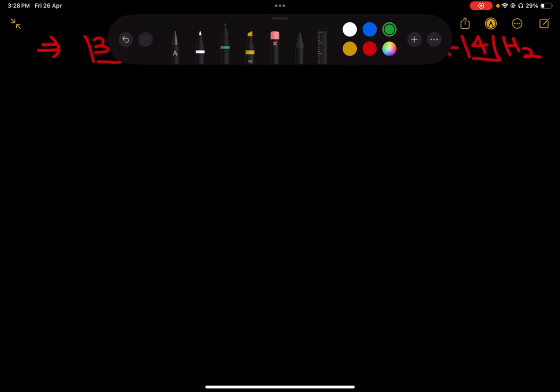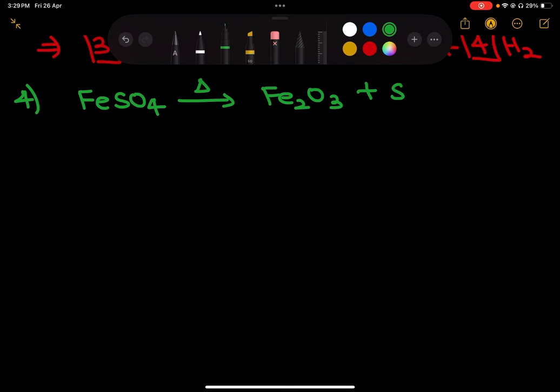The fourth one is FeSO4 under heat gives Fe2O3 plus SO2 plus SO3. Okay, so this is a very crucial reaction because it will pop up many times in this chapter. So it's an example of a type of reaction.